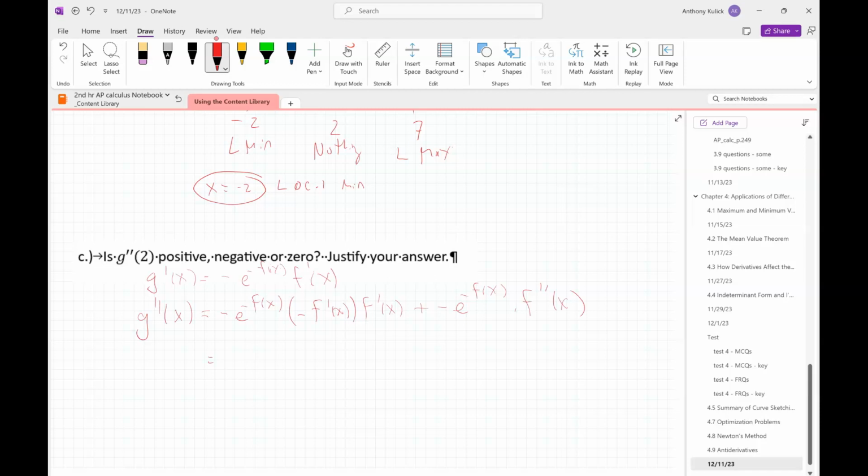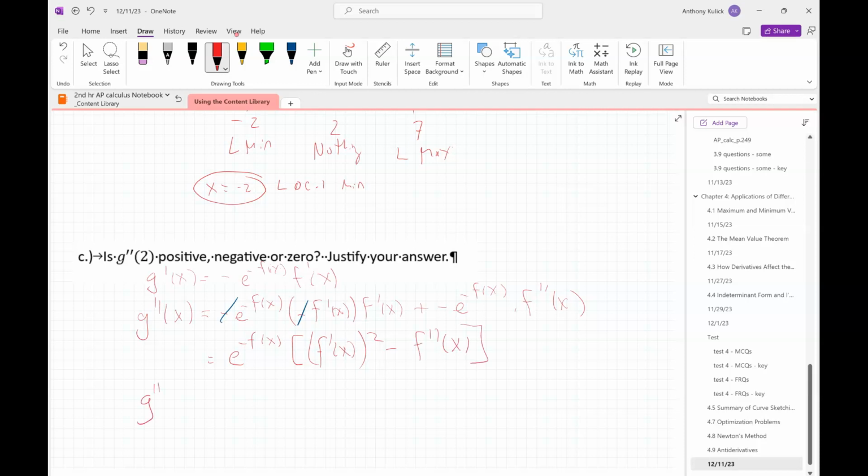And I'm going to notice those guys cancel each other out. If I factor out an e to the negative f of x, I have f prime of x squared minus f double prime of x.